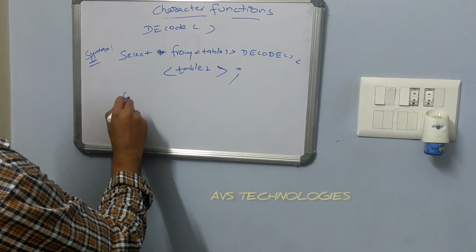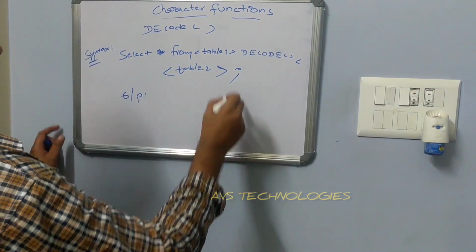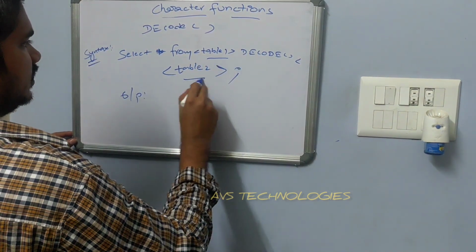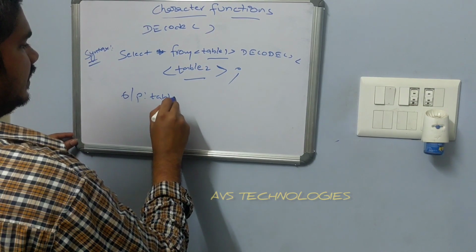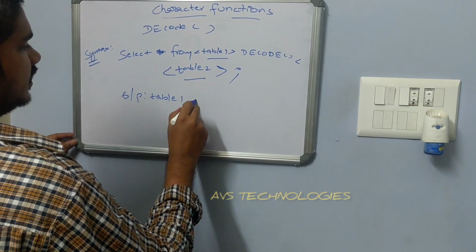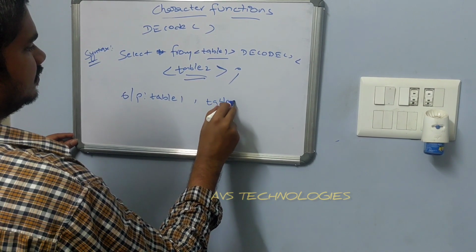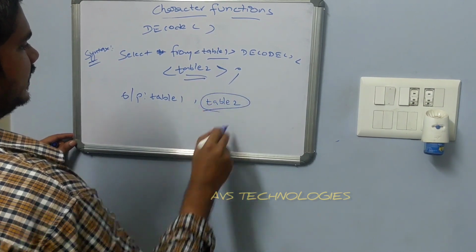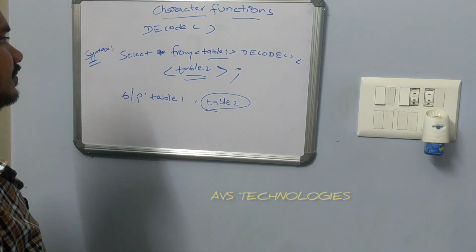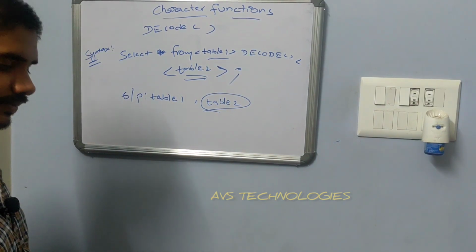So we will get output. If the table has the data in table 2, it will print only table 1. If not, it will print table 2 only. This is about the decode function.